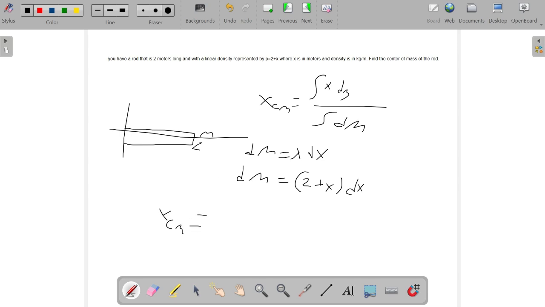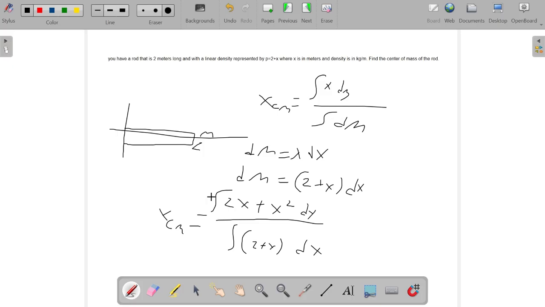x_cm is equal to the integral of 2x plus x squared dx, over the integral of 2 plus x dx.